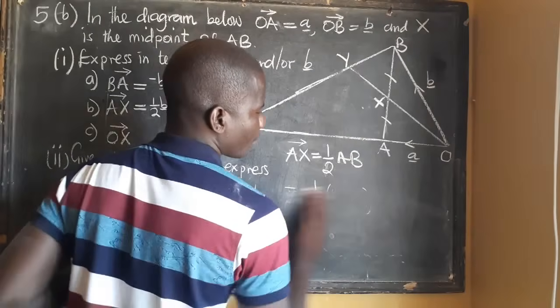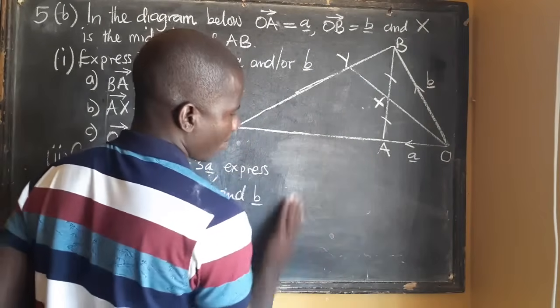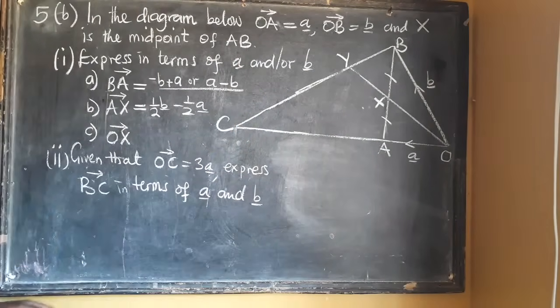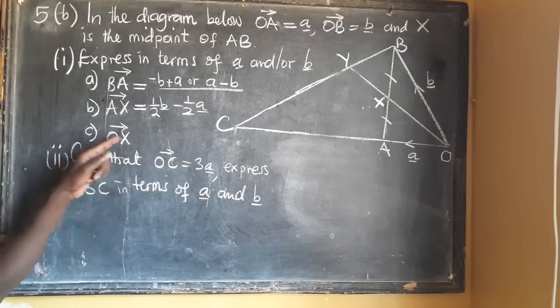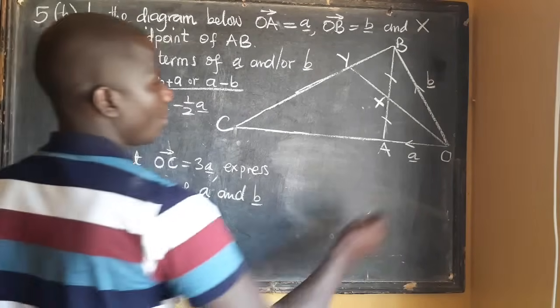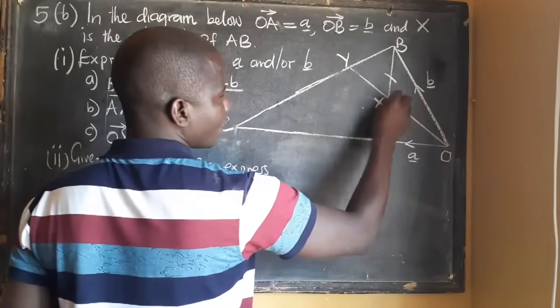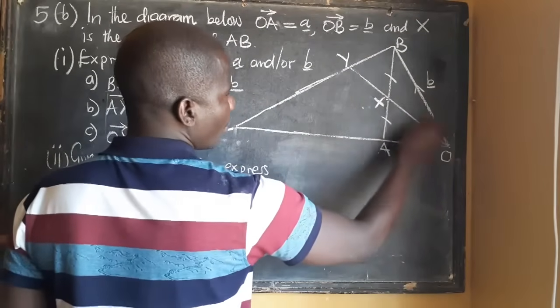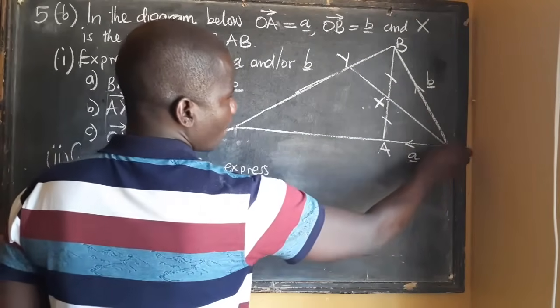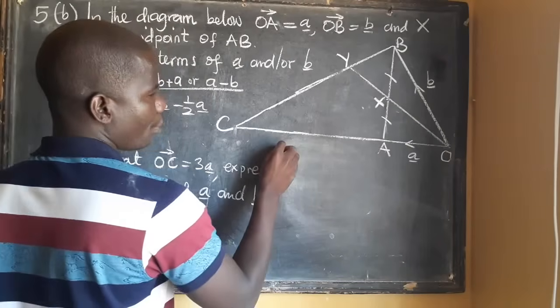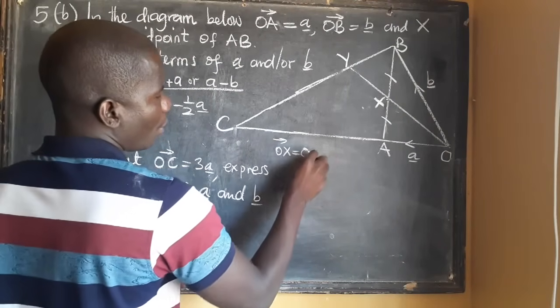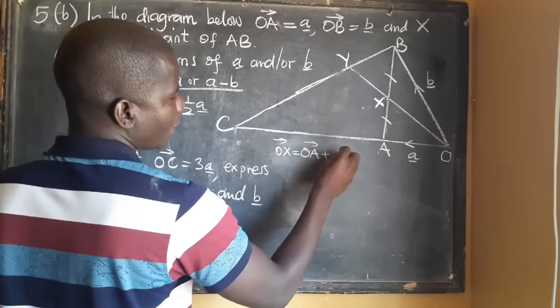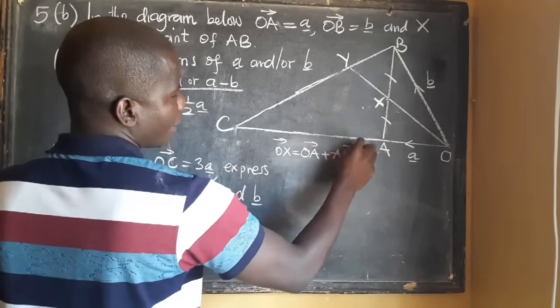So let us see the next question. OX. OX can be OA plus AX.